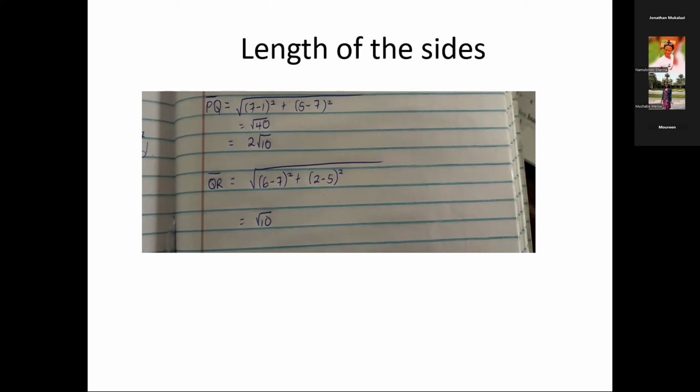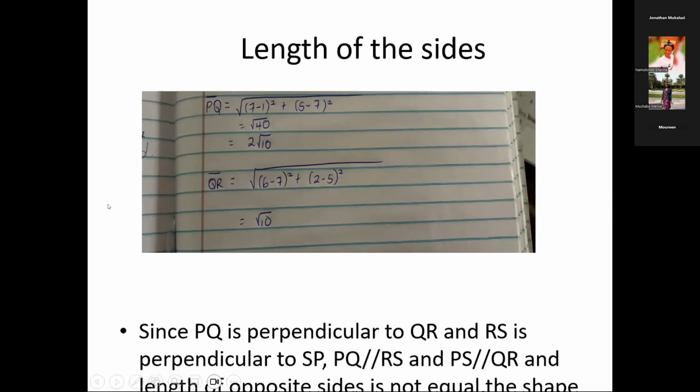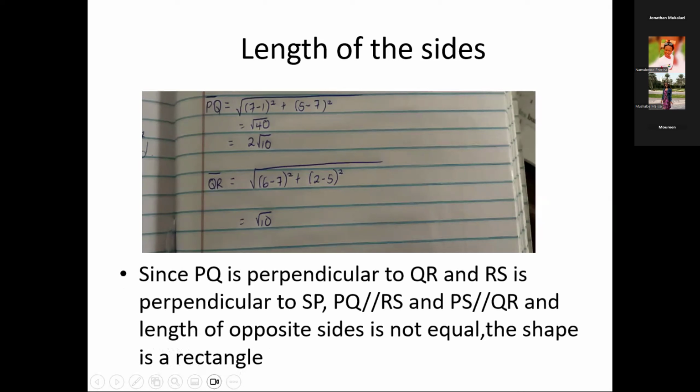So that means that since PQ is perpendicular to QR and RS is perpendicular to SP, and PQ is parallel to RS and PS parallel to QR, and the lengths of the opposite sides are equal, then the shape is a rectangle. Do you all agree? I hope so.